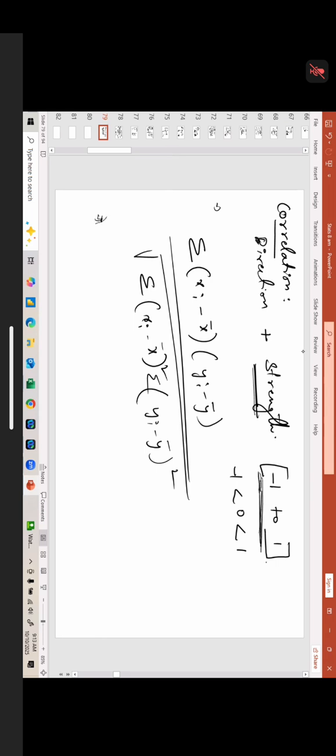What is the meaning of this -1 to +1? For example, after calculating and substituting the data points, we have got the output as -1. This is a strong negative relationship.